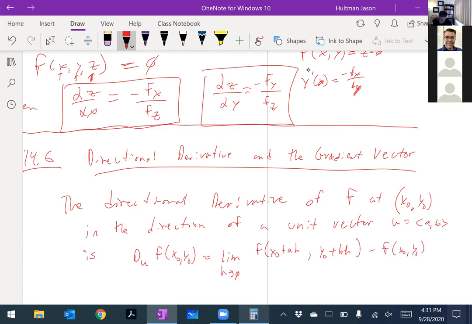So both x is changing and y is changing, all over h.